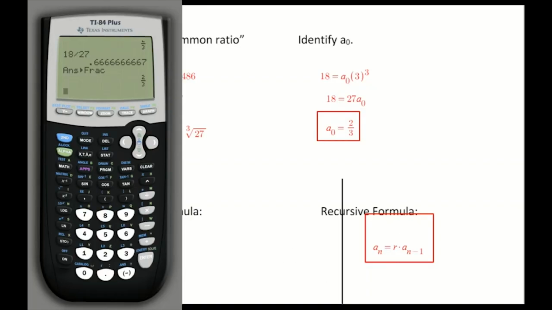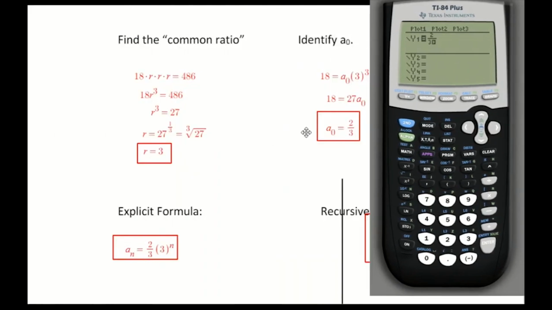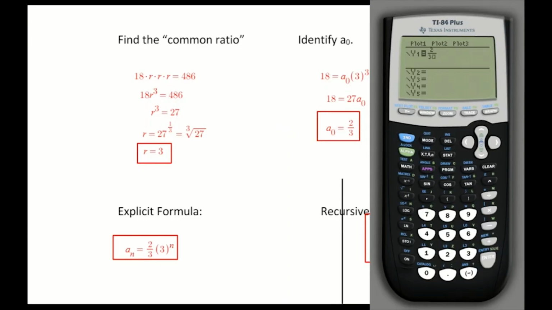We're almost done here, but I think it's worthwhile just one more time. Let's type this into y equals and just make sure I'm getting the right sequence. So 2/3 times 3 to the power of x.